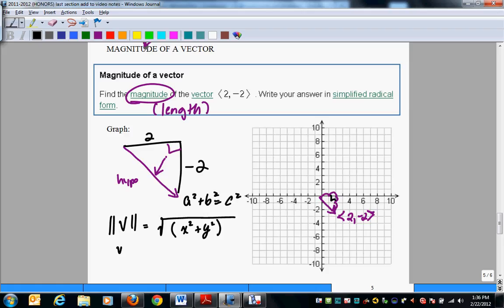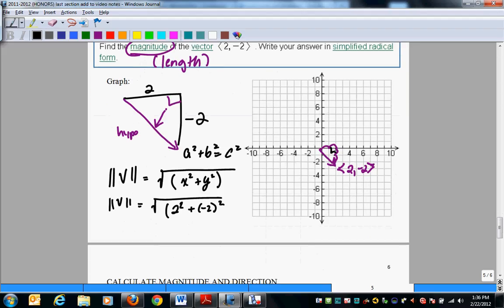So in this case, the magnitude of our vector is going to be the square root of 2 squared plus -2 squared. And of course, this is 4 plus 4 under the square root.